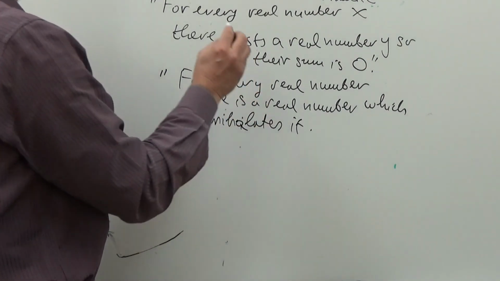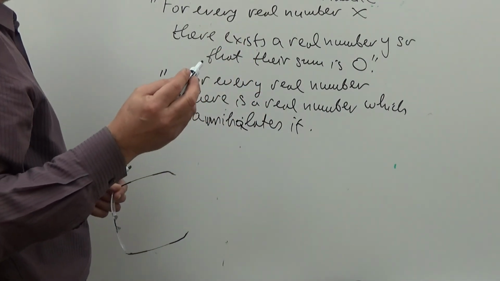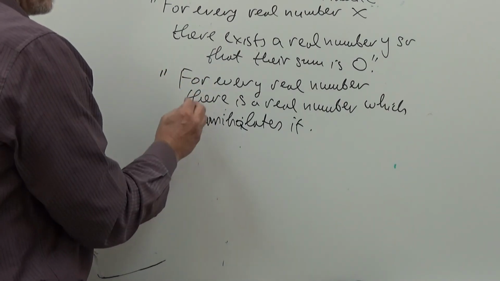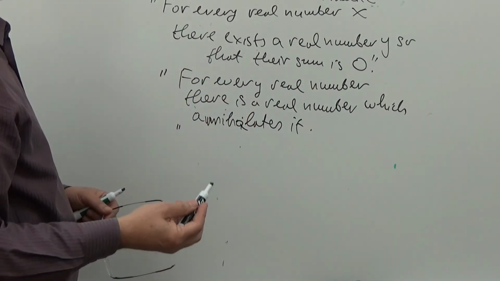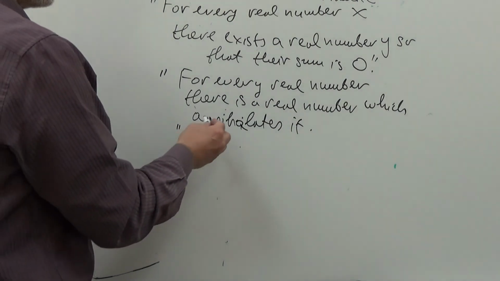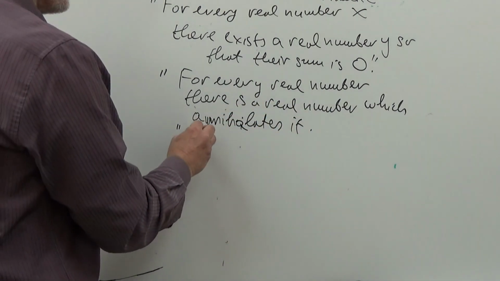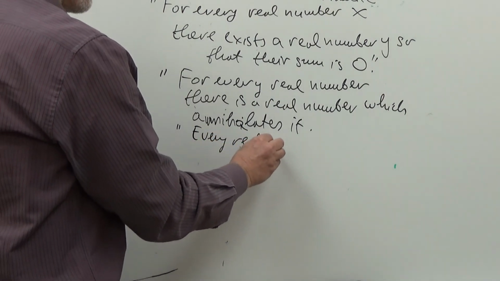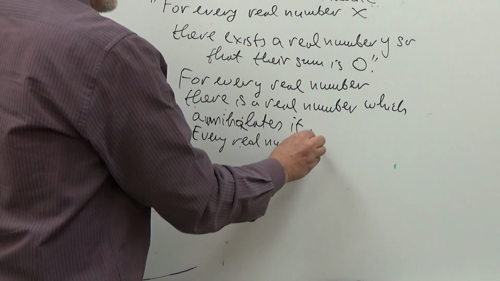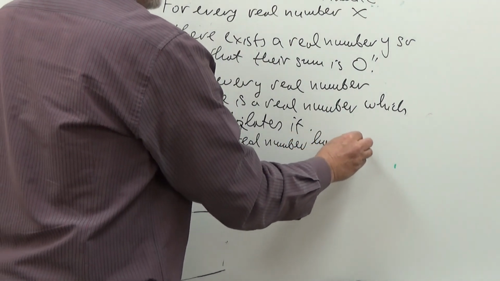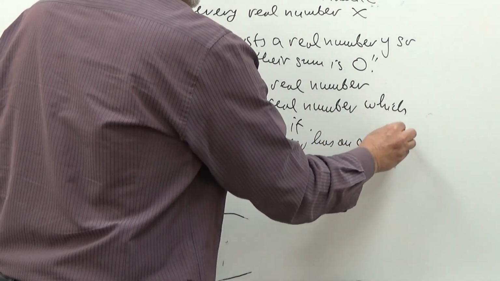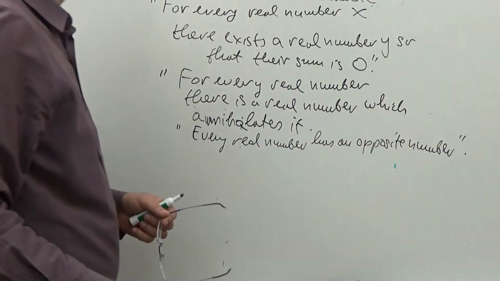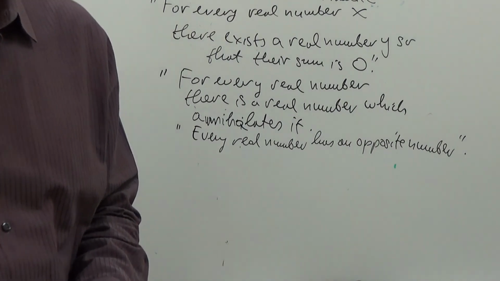Or we just say, again, we invented a simpler way to say this in mathematics. That number is also called the opposite number. Every real number has an opposite number. All right.